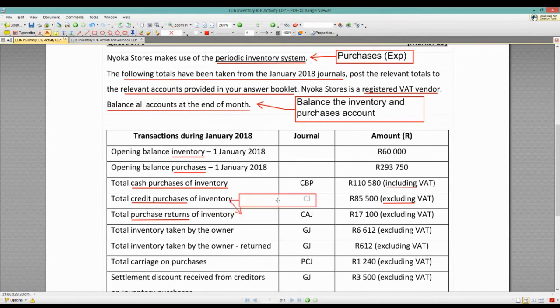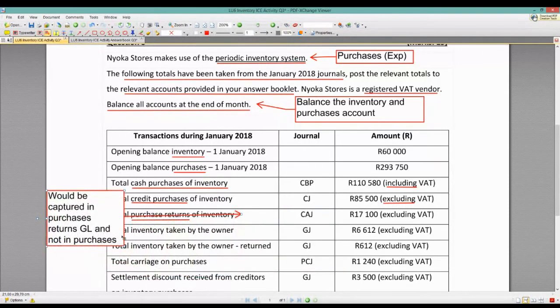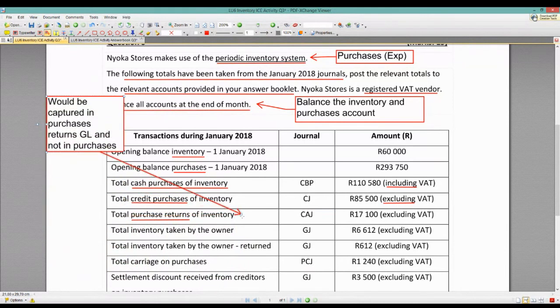It would be captured in purchases returns, BL, and not in purchases. This is very important to note: the purchase returns will not be captured in our purchases, but in purchase returns.